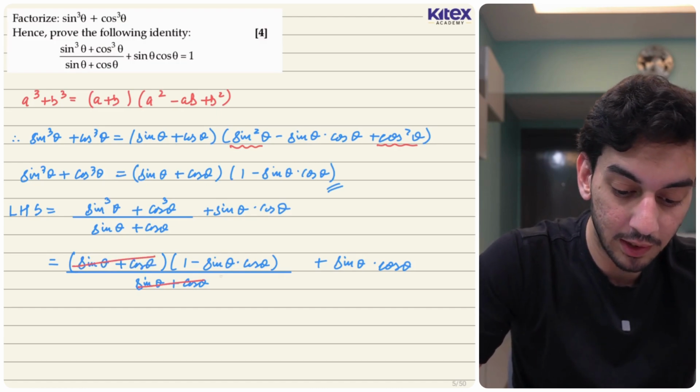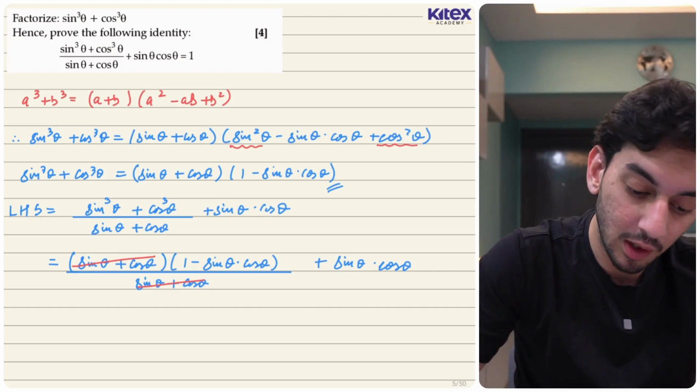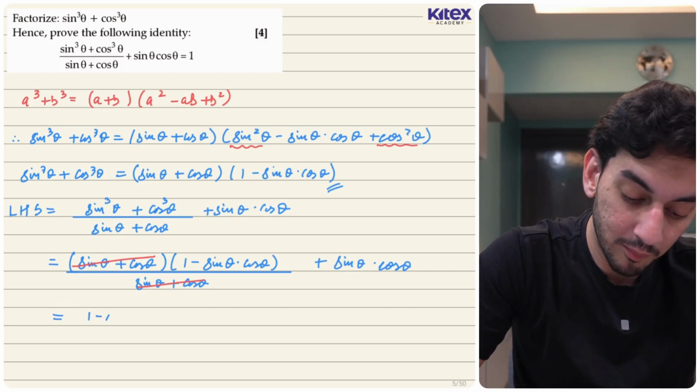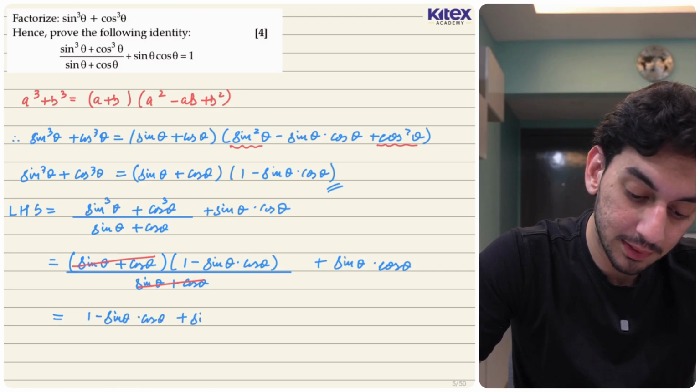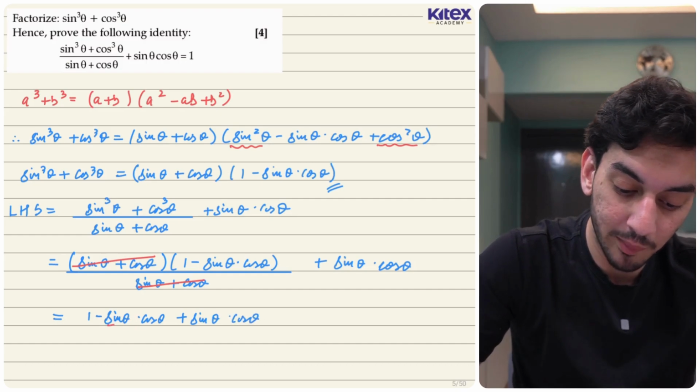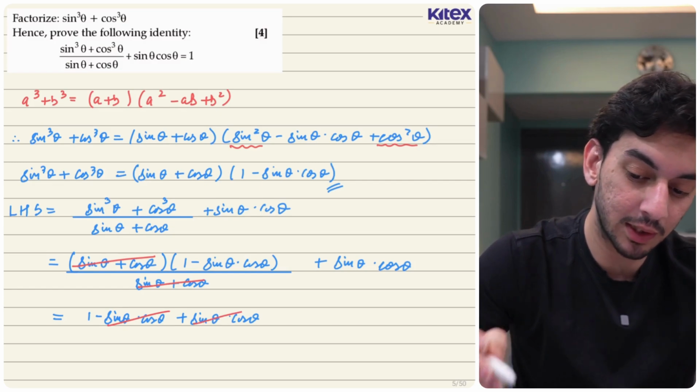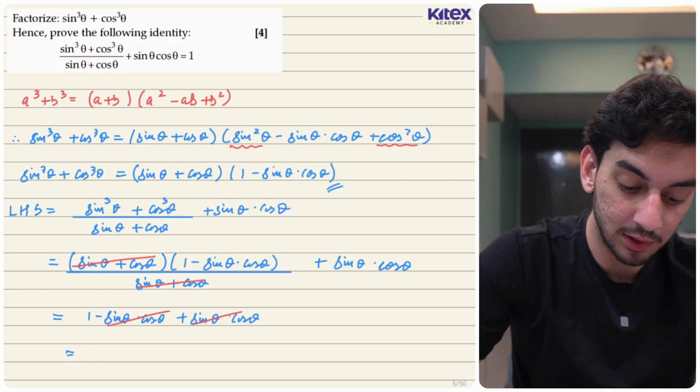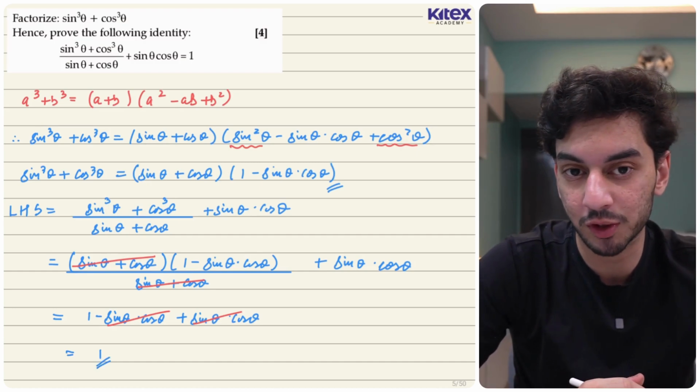So this goes away and this goes away. And what am I left with? I'm left with 1 minus sine theta times cos theta plus sine theta cos theta. We can now cancel out minus sine theta cos theta and plus sine theta cos theta, and finally the answer is equal to 1, which is what was required.